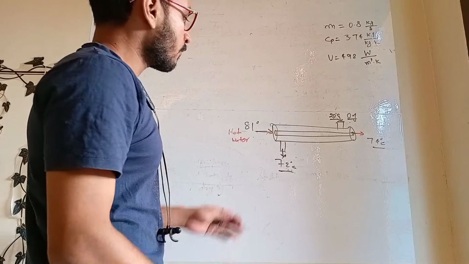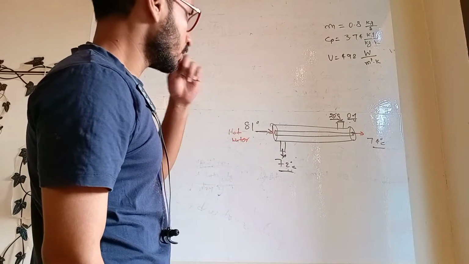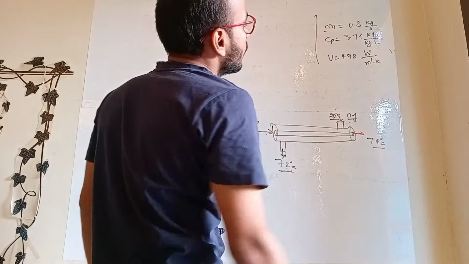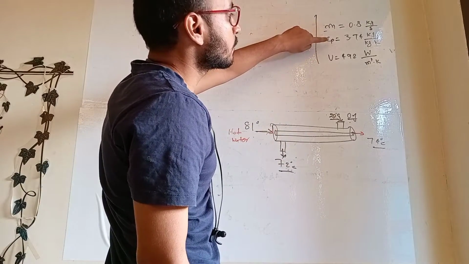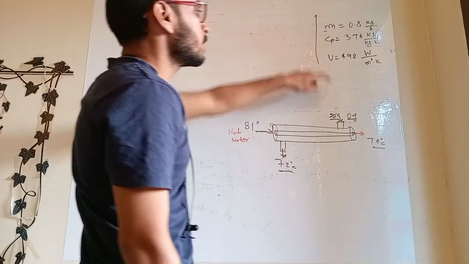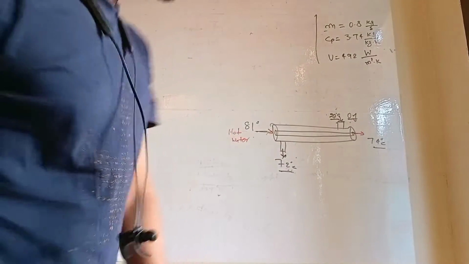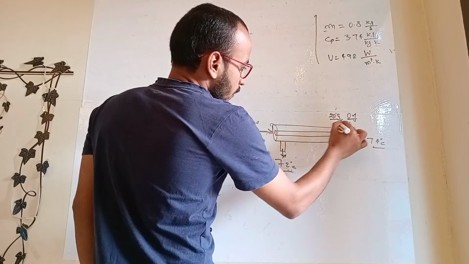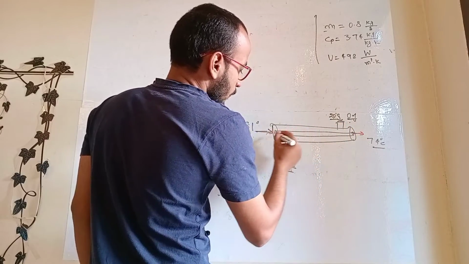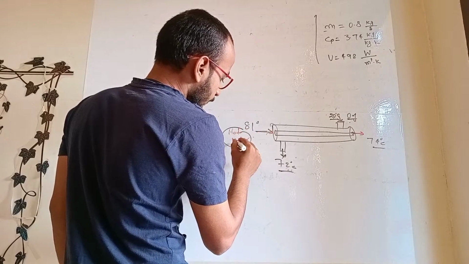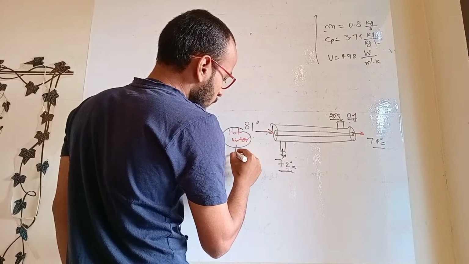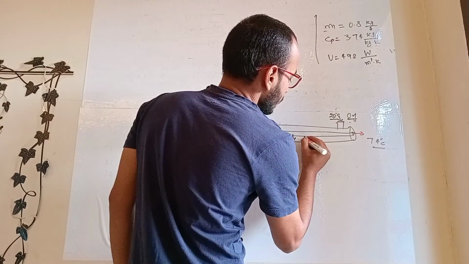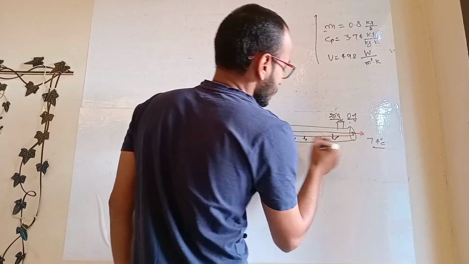For this question we have already drawn the schematic diagram. The mass flow rate of the juice is given, the specific heat of the juice is given, and the overall heat transfer coefficient is given. In this section two things are happening. The hot water is losing energy and this energy is getting transferred to the orange juice through this surface area.